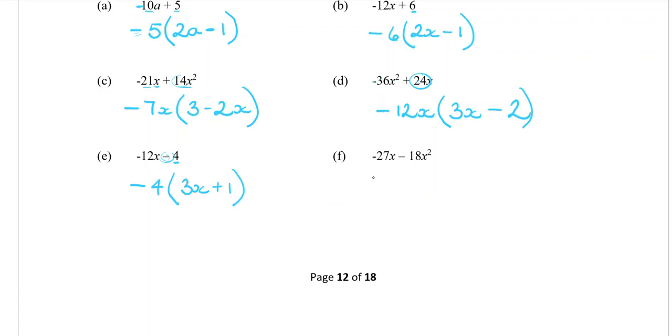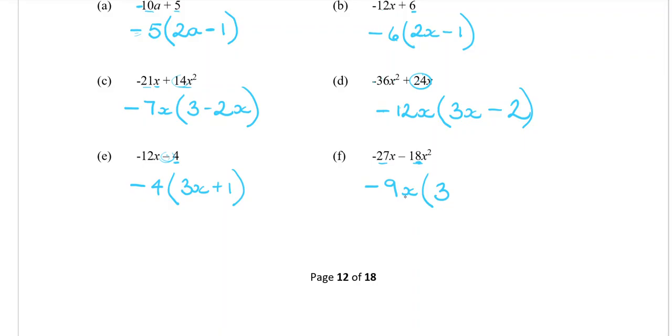And F, minus sign out the front. 27 and 18. 18 is smaller, but 18 doesn't divide out of 27. You have to go down to 9. So also there is an x in both of them. Open bracket. Minus from here, bringing out the front, so 27 divided by 9 is 3.